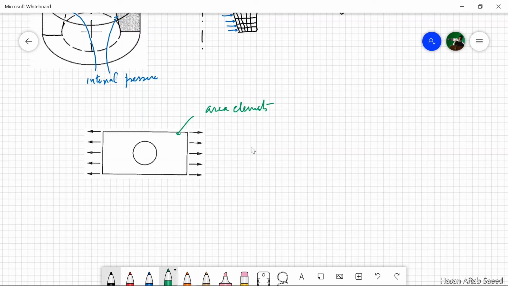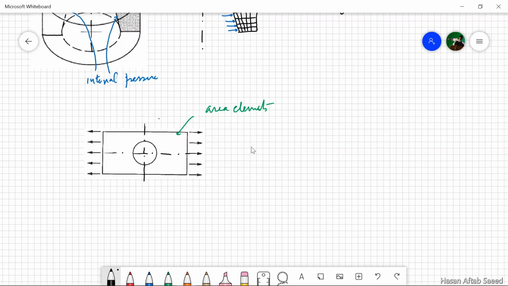If we draw these two lines at the middle, this one and another center line, this one, whatever is happening on the left hand side should also happen on the right hand side, because the geometry as well as the loading are mirror images of each other.